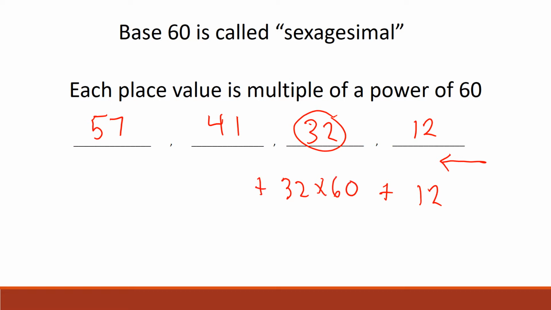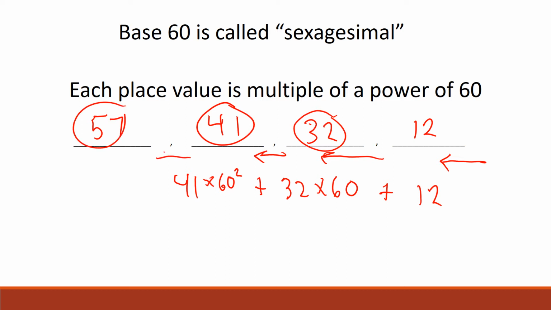And then you add these up from right to left. The next one, 41, means 41 times 60 squared. And finally, we probably won't get any larger than this, 57 times 60 cubed.